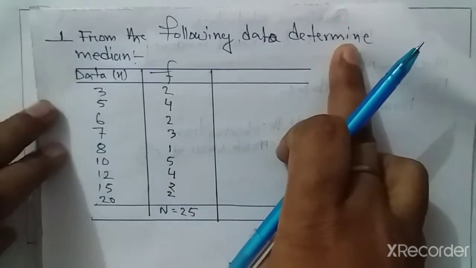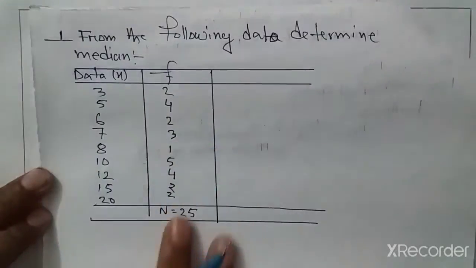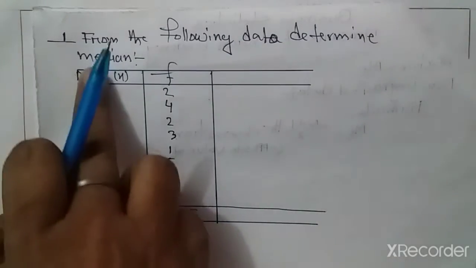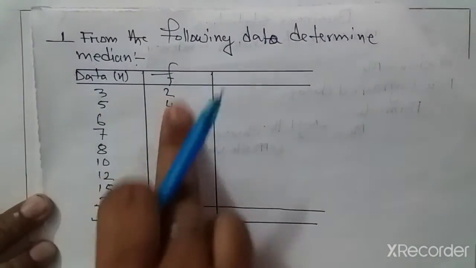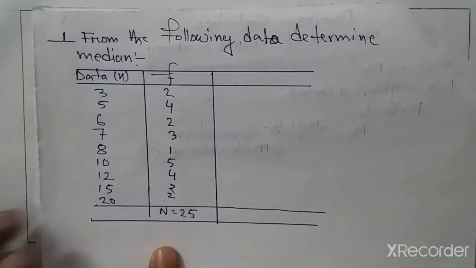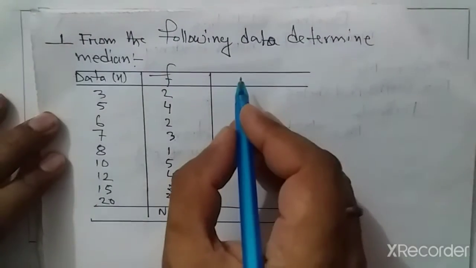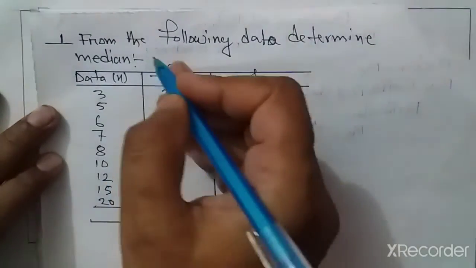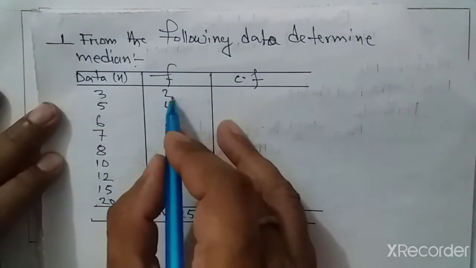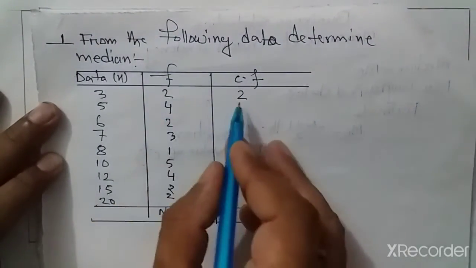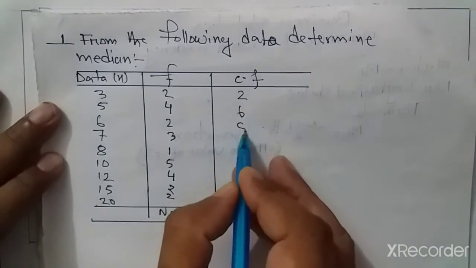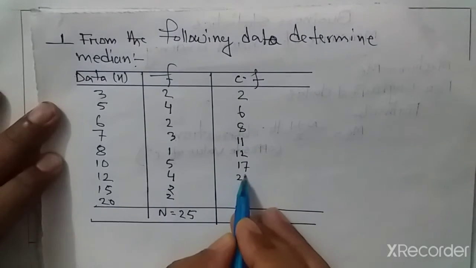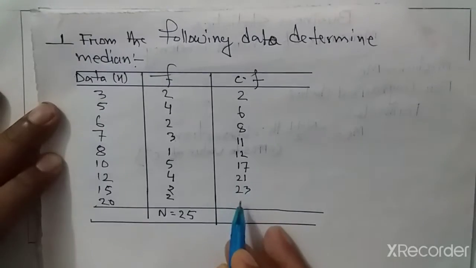From the following data, determine the median. This is the question, calculate the median of ungrouped data. That means given data has only information without class with frequency. At first we have to calculate the CF table, that means cumulative frequency, upper to lower: 2, 4, 6, 8, 11, 12, 17, 21, 23 and 25.